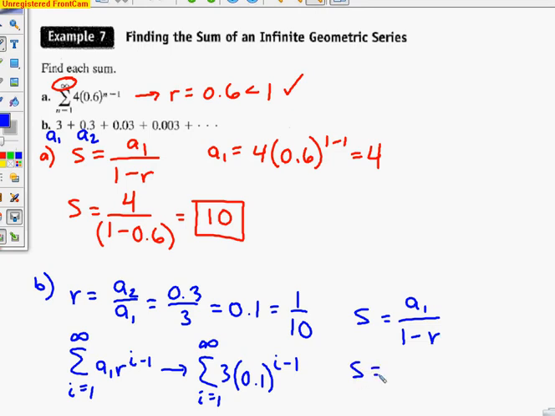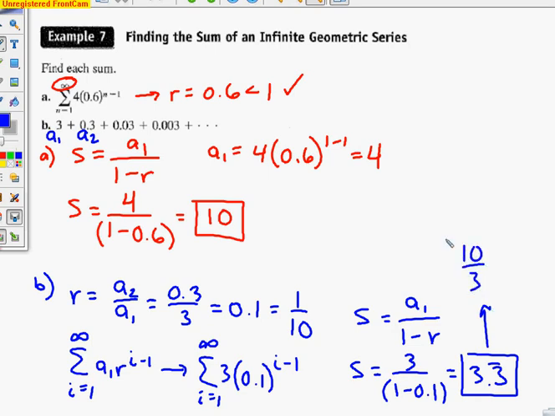So this sum is 3 over 1 minus 0.1. It's 3 divided by parenthesis 1 minus 0.1. And I get something like 3.3 repeated. If you go to fraction, it's also 10/3.